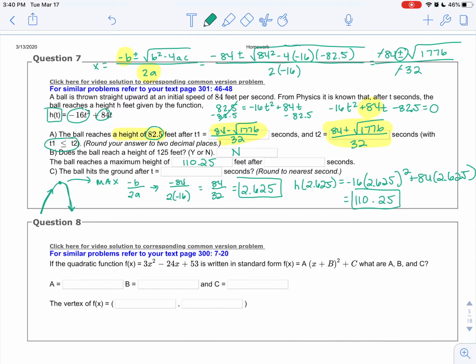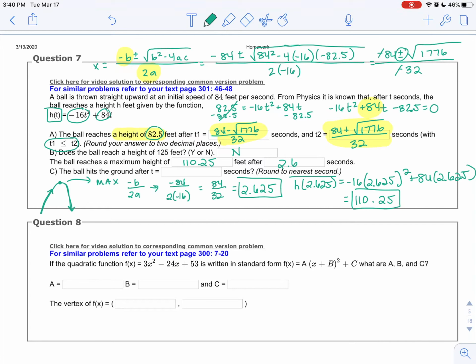After how many seconds? It says round to the nearest second, so after, I don't know if it wants me to do this on this part, I'll say 2.6. And the ball hits the ground after, okay, I'm going to have to solve for when h is 0. So let me see about rounding on this one.